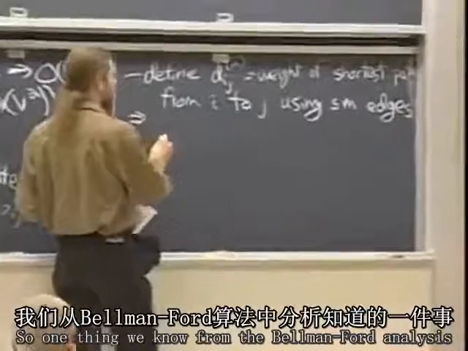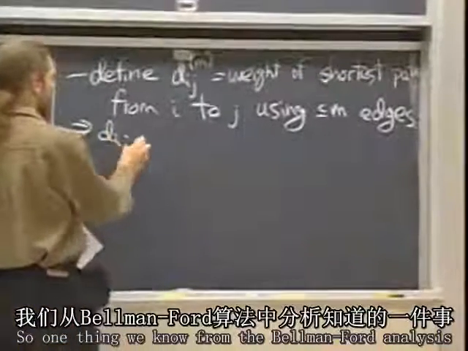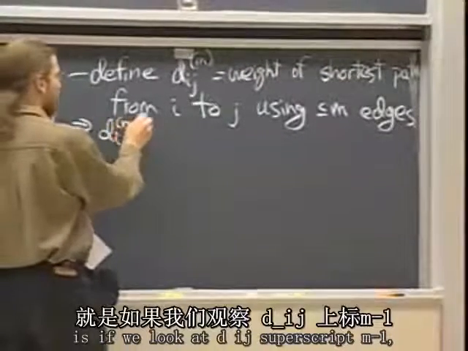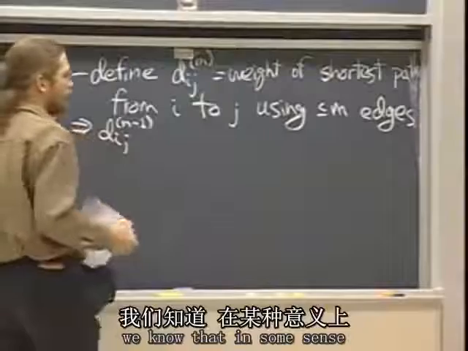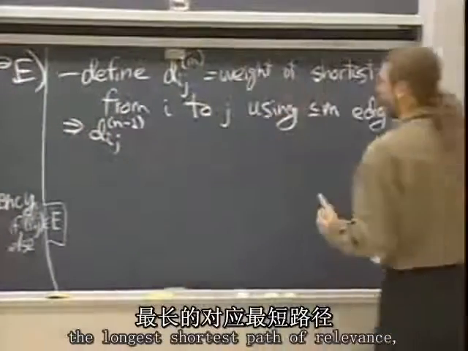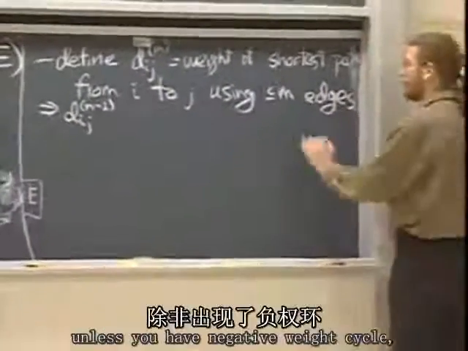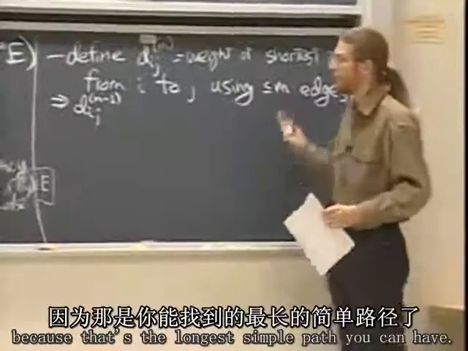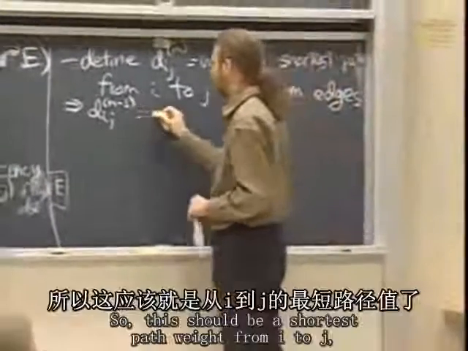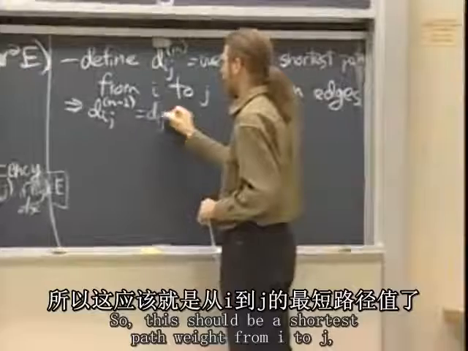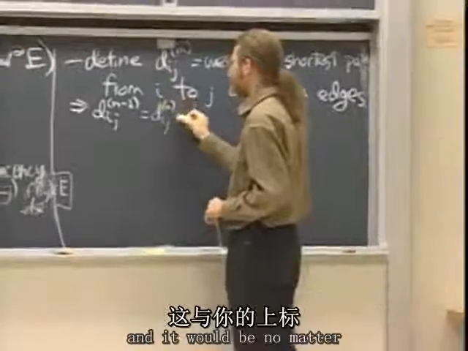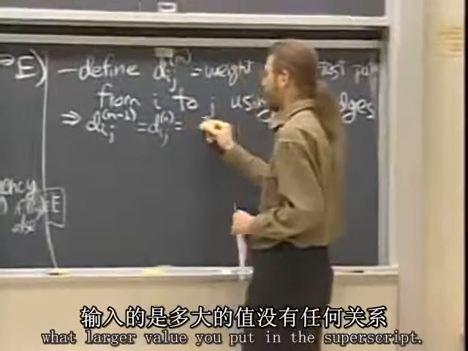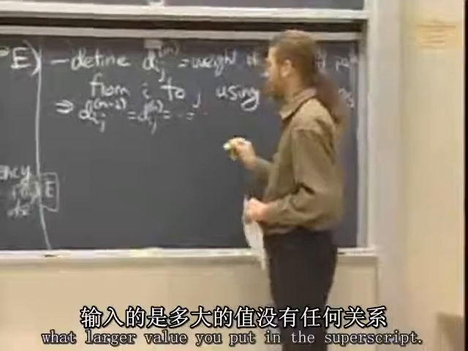So one thing we know from the Bellman-Ford analysis is if we look at d ij superscript n minus 1, we know that in some sense the longest shortest path of relevance, unless you have negative weight cycles, is when m equals n minus 1, because that's the longest simple path you can have. So this should be the shortest path weight from i to j, and it would be no matter what larger value you put in the superscript.